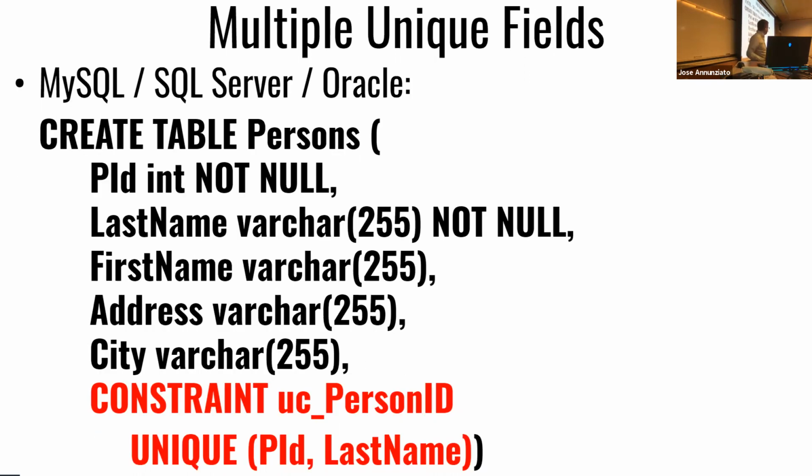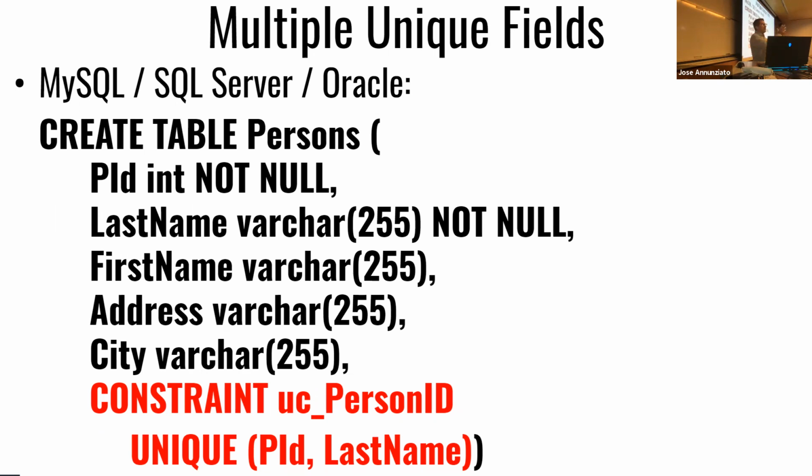Putting them in parentheses is the combination. Just like primary keys as well, you can put parentheses and field, comma, field, comma, field, any number. So we say that it's a compound relationship.